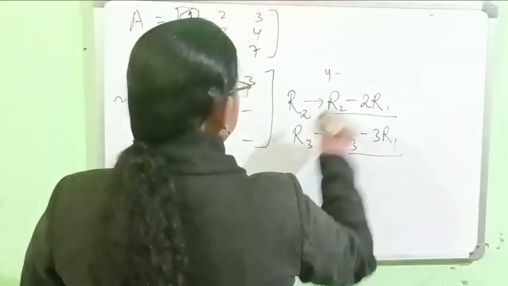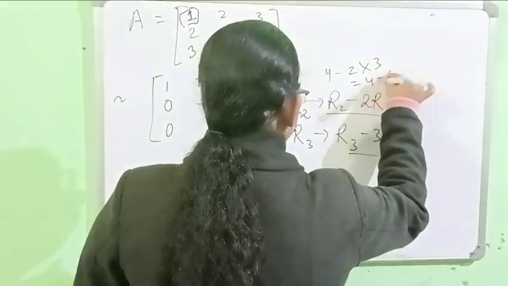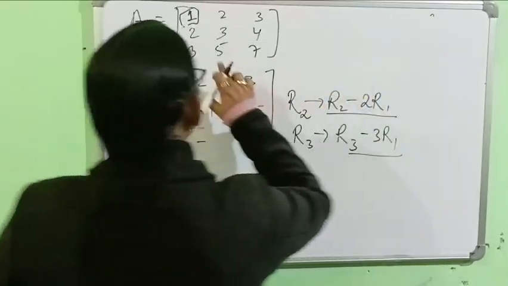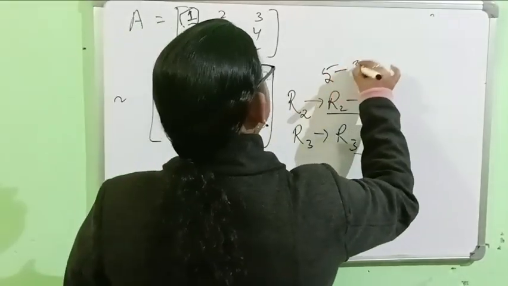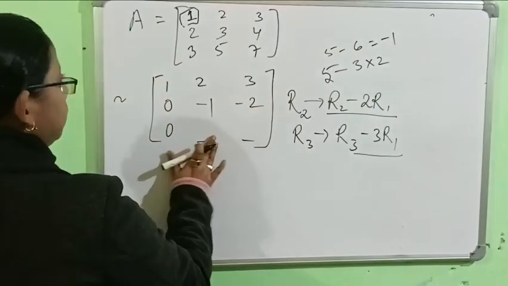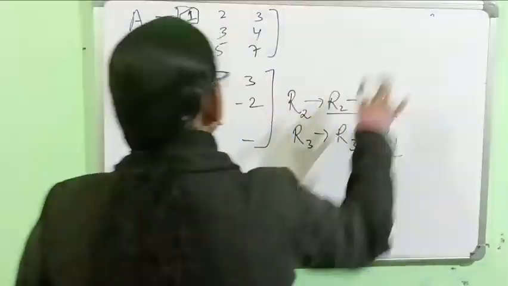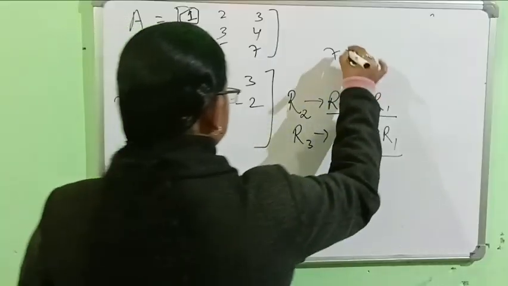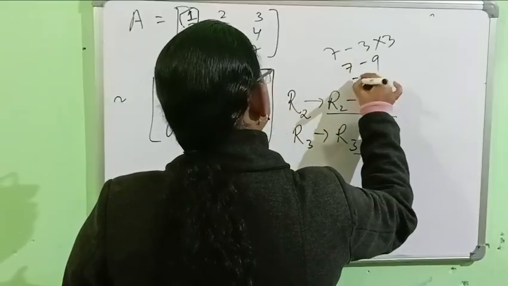Then 4 minus 2 into 3, that is minus 2. Then 5 minus 6, that is minus 1. Then 7 minus 9, that is minus 2.